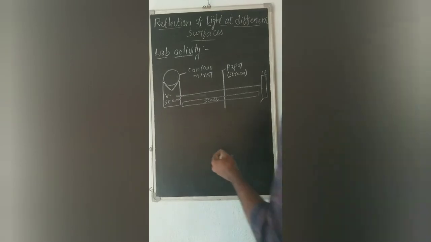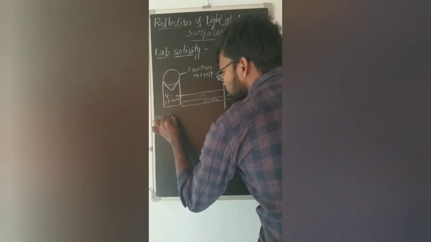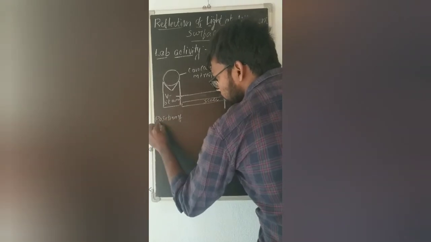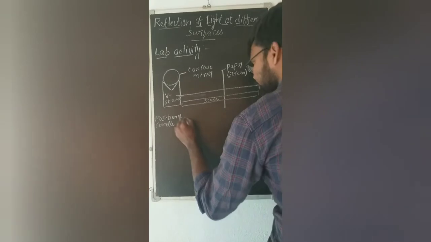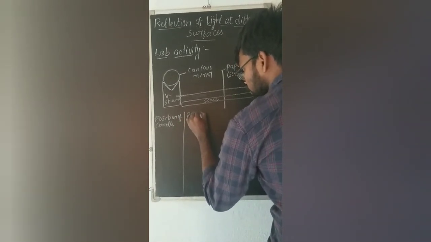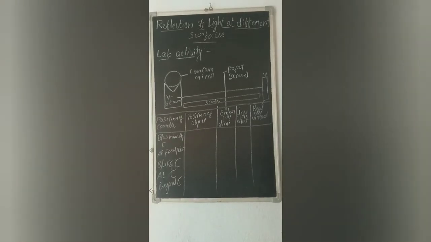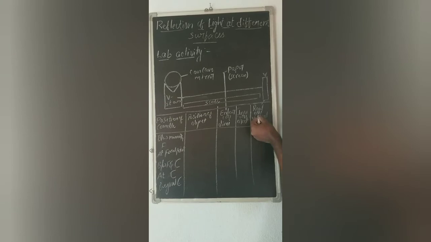Okay, how? So position of candle, position of object. So enlarged or diminished, inverted or erect, real or virtual.